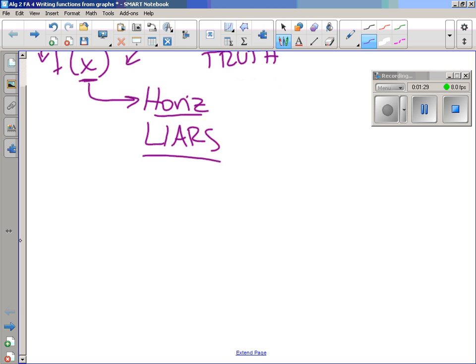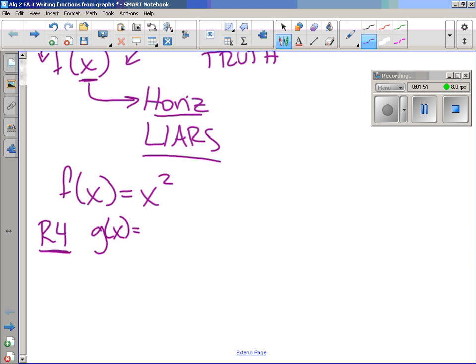So take, for example, a function you should hopefully be very familiar with, just plain Jane x squared. I want to write a function that is a parabola, but I move it right 4, and let's call it g of x. Because this is a horizontal transformation, it's going to go in parentheses, and it lies.